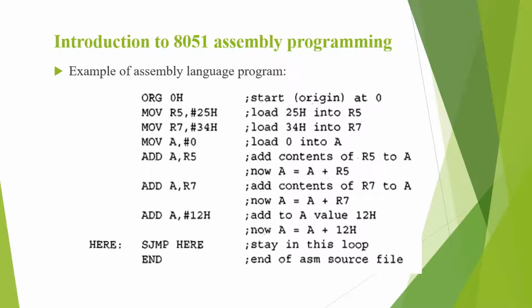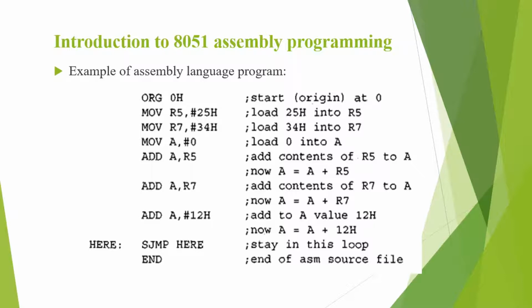Then we have MOV R5, #25H, where MOV is the mnemonic, and R5 and #25H are the operands. So R5 is the destination and 25 is the source. This instruction will load the value 25H, that is a hexa value, into the register R5.